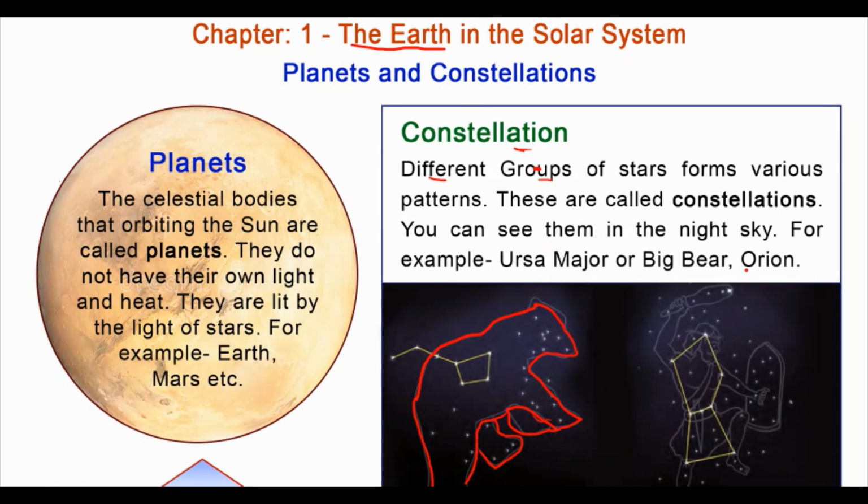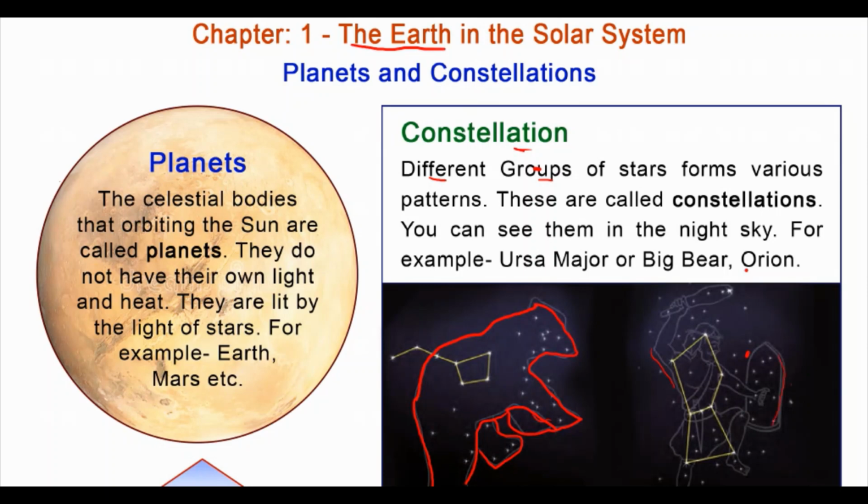Here Ursa Major is forming the pattern of a Big Bear, and if you see this Orion pattern over here, this Orion one right here is also one of the examples of a constellation. This is the shape of a warrior. So he is fighting a war, which you can see here.